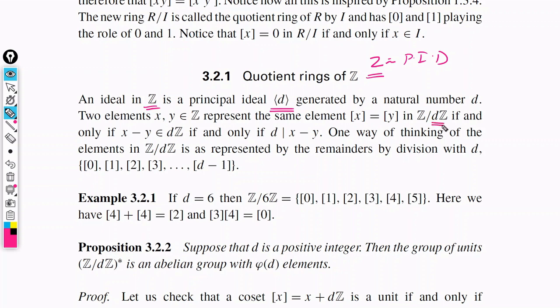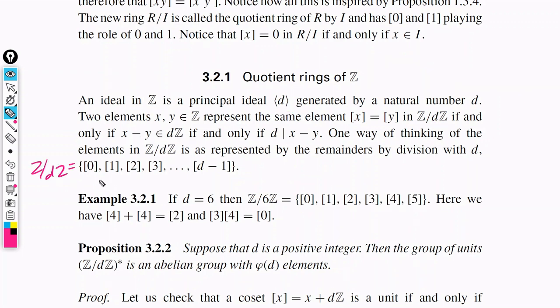Because our ideal is of the form dZ. We know that the ideal generated by d is exactly dZ, right? So two cosets are the same if and only if x minus y belongs to dZ. d should divide x minus y. Also, we have seen that Z by dZ can be identified using the cosets 0, 1, up to d minus 1.